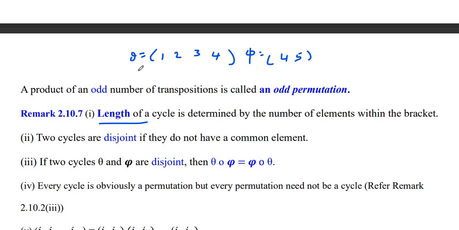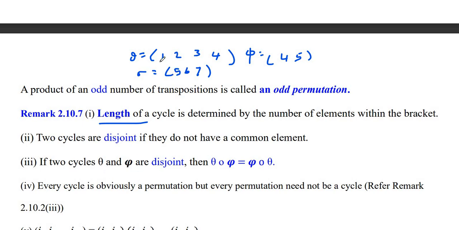But on the other hand, if we have sigma to be this transposition, or it can even be a cycle, then in that case you have these 2 permutations to be disjoint because you don't have any element in common. So if you have like this, you cannot call them disjoint, whereas if you have like this, you don't have any element common to them. So in that case, you call them disjoint cycles.